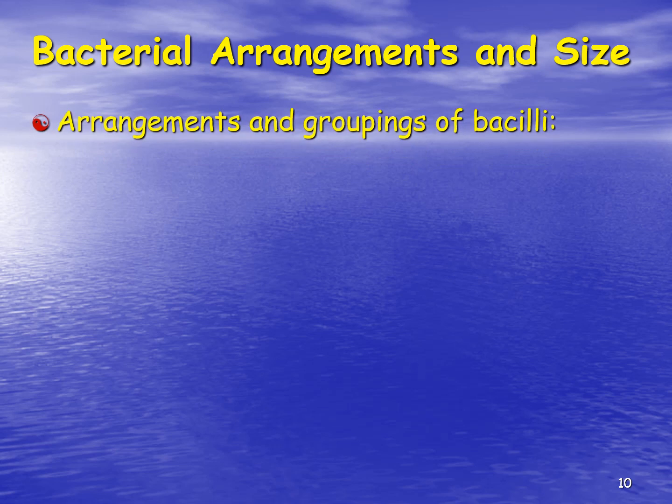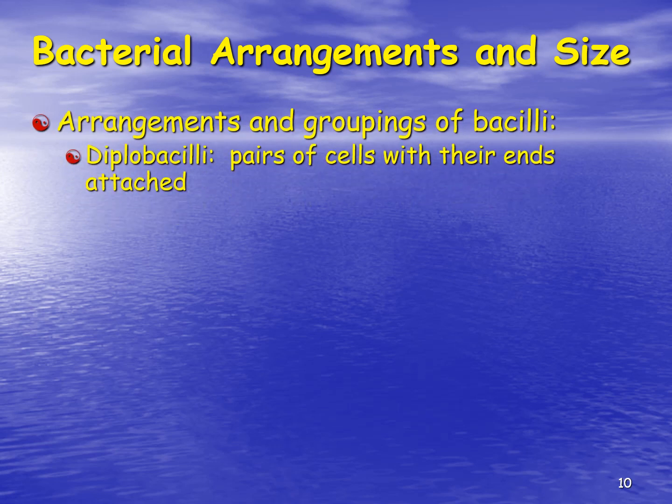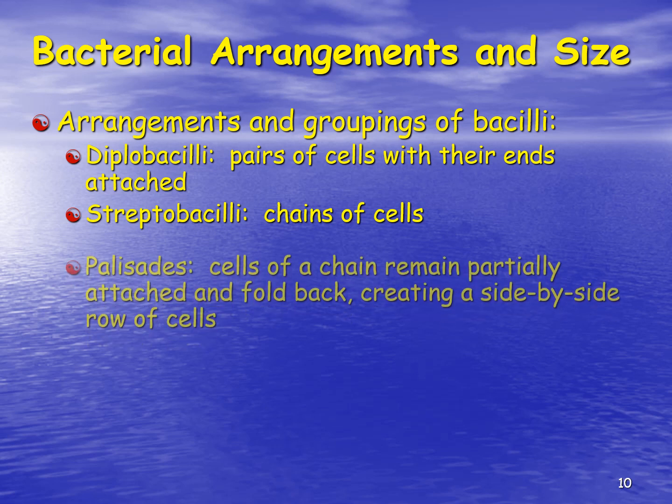In the bacilli, we see diplobacilli, which are pairs of the 2 rods stuck together, and streptobacillus, which is chains of the cells. We do not see the tetrads or the staphylo arrangement in the bacillus.